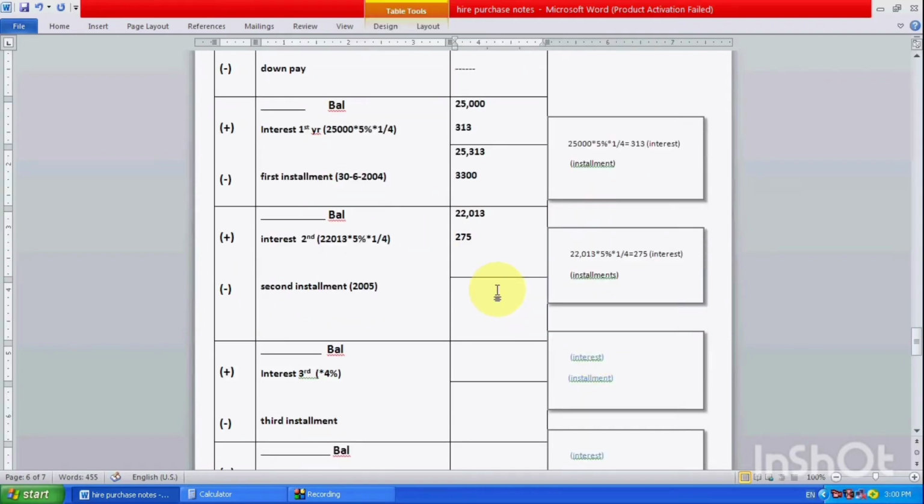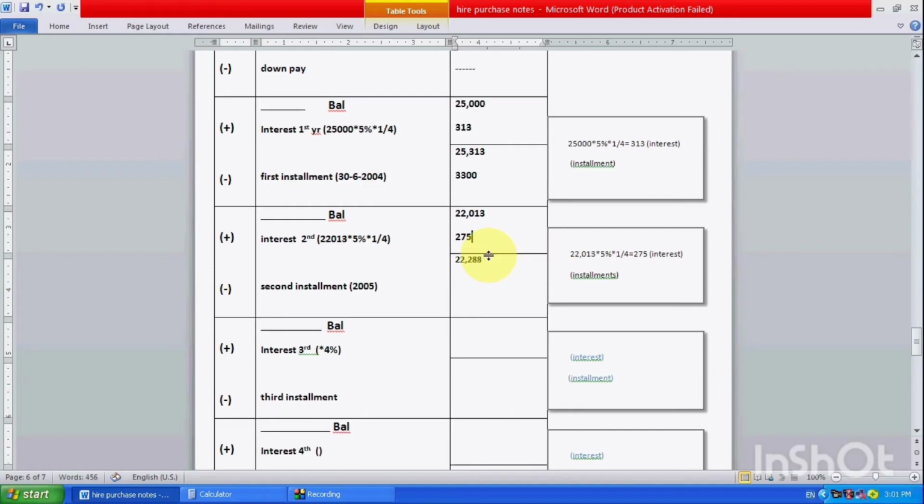Now add this interest 275 to 22,013, so we will get 22,288. Okay, now pay the second installment. It's 30 October, second installment is 3,300.